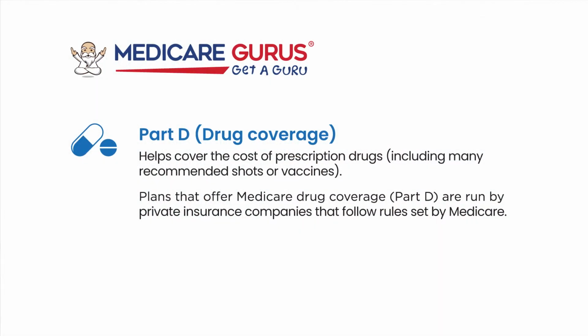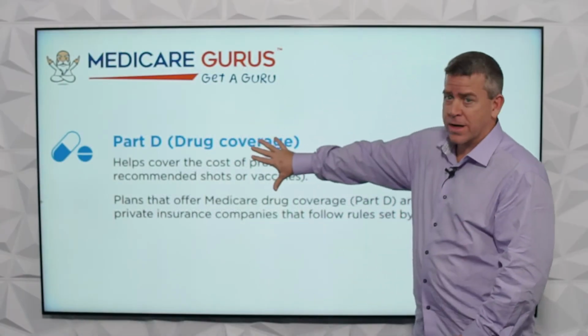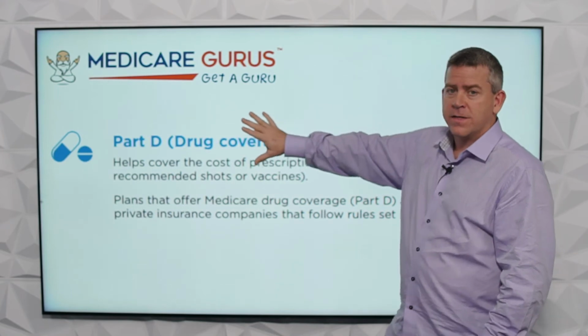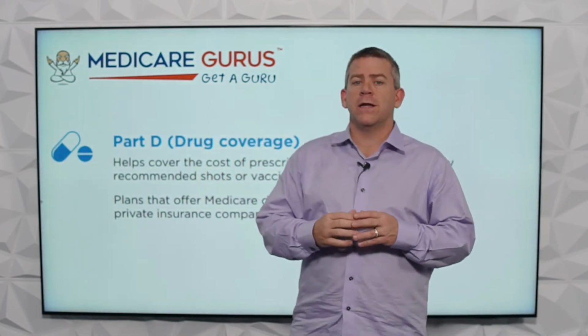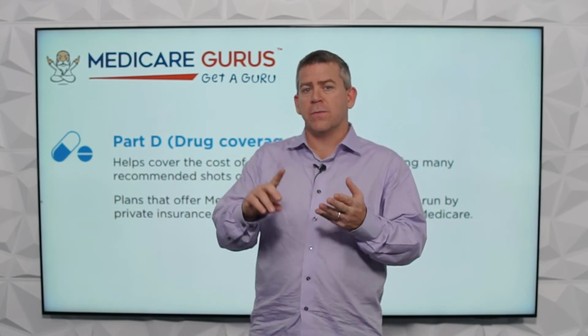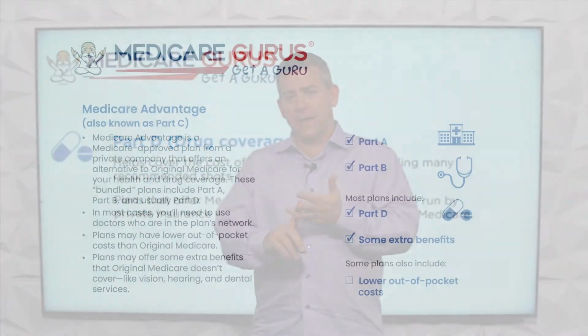Medicare Part D is very complex, but what you need to know is that it covers drug coverage. We'll have different videos on how to choose the right Part D coverage, but what you need to know is A and B are traditional Medicare, and D is prescription drug coverage. If you have A and B, you can get a D.